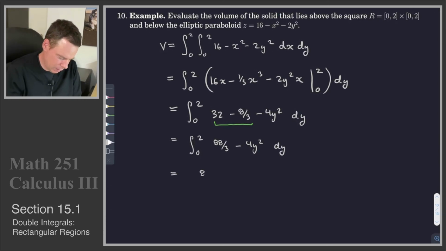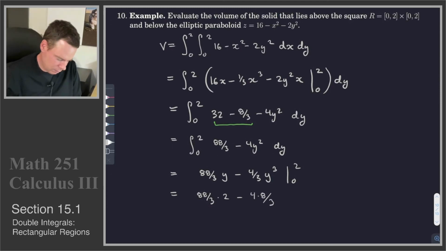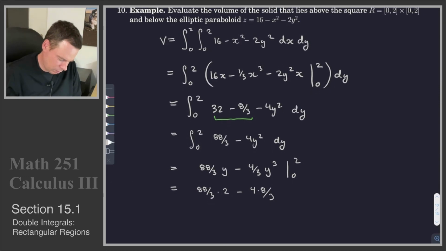And so that becomes 88/3 y minus 4/3 y cubed from 0 to 2. So that becomes 88/3 times 2 minus 4 times 8/3, and then minus 0 plugged in for each of those.